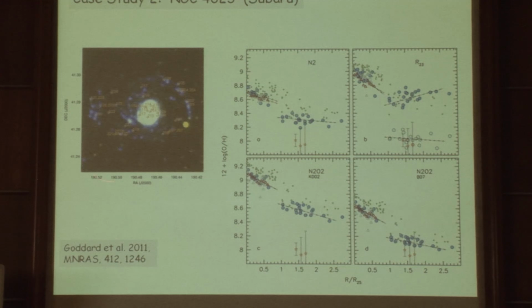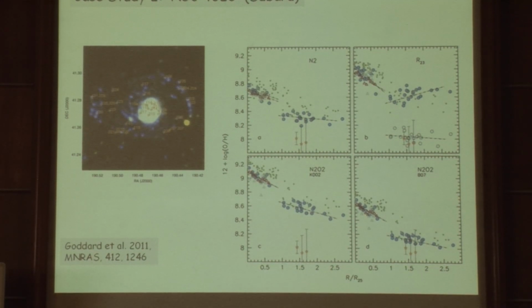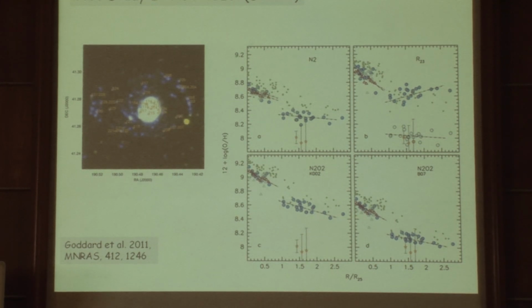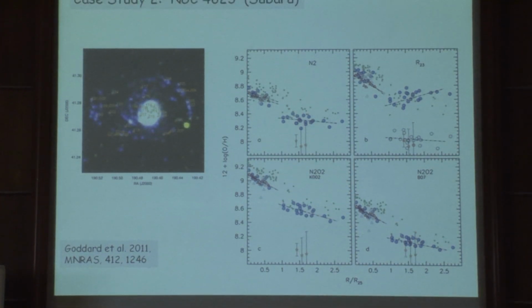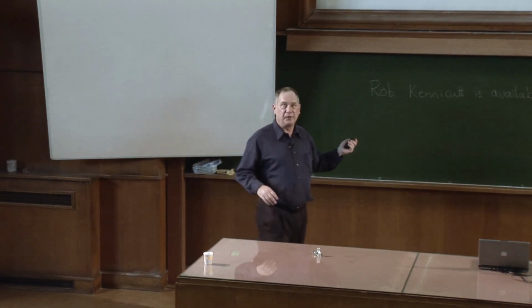Now, this is an interacting system. It has a companion about 10 diameters away, so again, maybe some accretion is involved. We have data we're still reducing from the VLT and Subaru on two other systems so far, and they show the same behavior of this turnover. So something very interesting is happening out there.